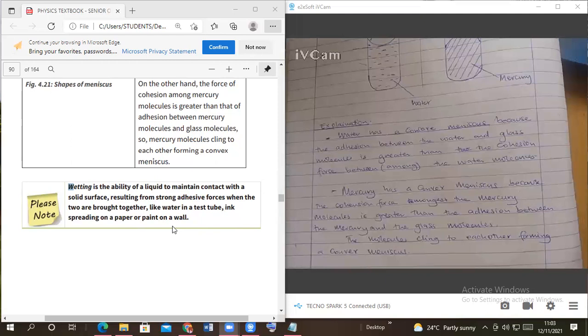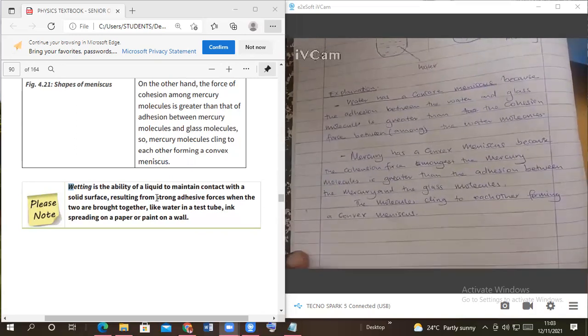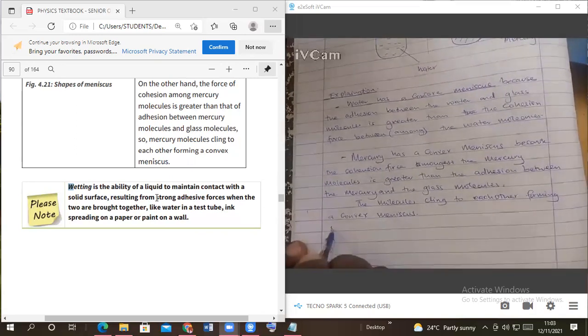So what is wetting? It is the ability of a liquid to maintain contact with a solid surface due to strong adhesive forces that are between the molecules. So that's wetting. If someone asks you, define wetting, you can note it.